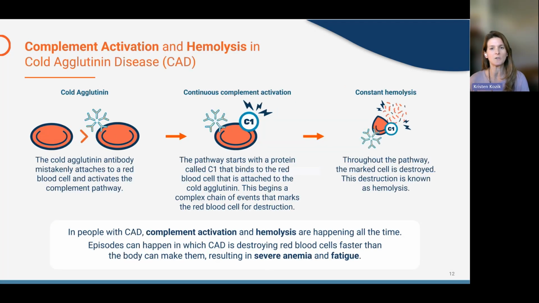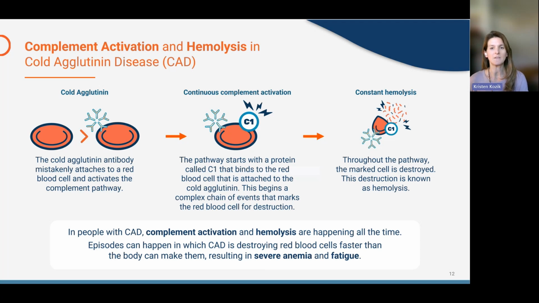So in addition to the agglutination that we just talked about, binding of the cold agglutinins to red blood cells also activates the complement pathway. So how does this happen? When the cold agglutinins bind to the red blood cells, it acts kind of as a flag for the complement pathway.